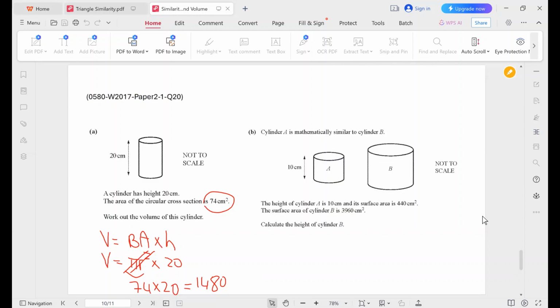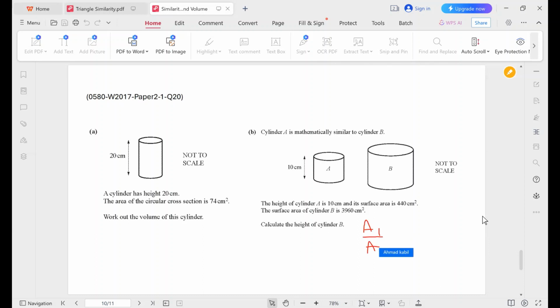For question B, we are given the height of cylinder A and its surface area, and the surface area of cylinder B, and we want the height of cylinder B. So here we just need the rule for the area and the height, or the area and the side, which is A1 over A2 equals S1 over S2. And A1 is the bigger surface area, and the bigger surface area, of course, would be 3,960.